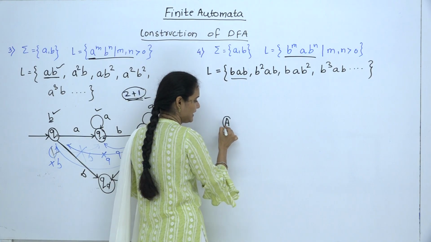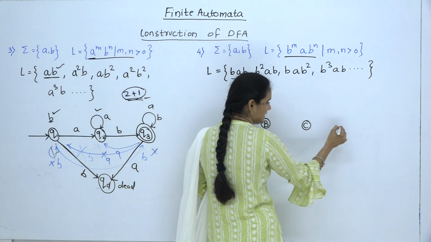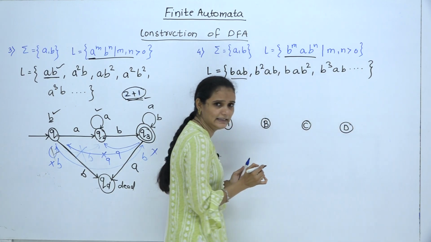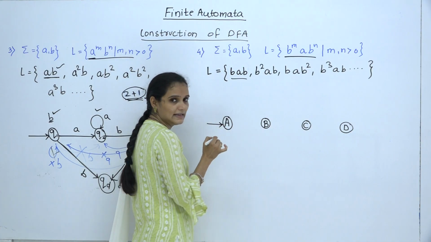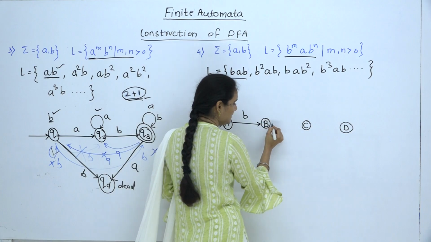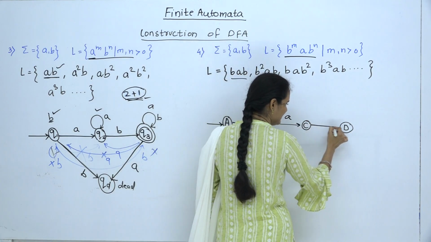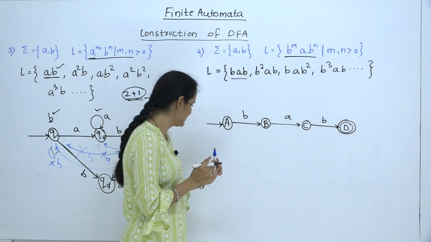So suppose here now we consider A, B, C and D. You can give any names to the states which we have considered. A is the initial state. The minimum length string is BAB, so D is our acceptance state.